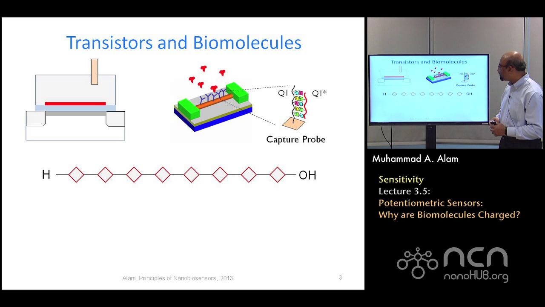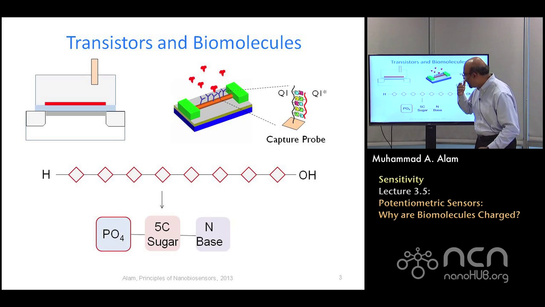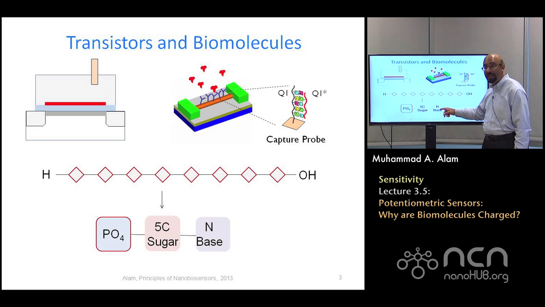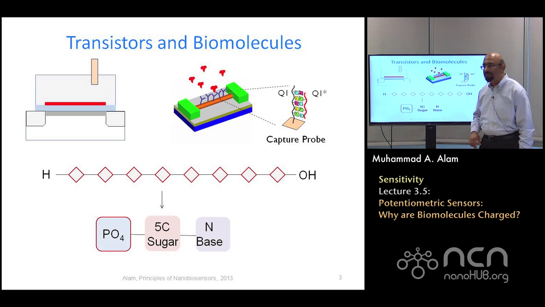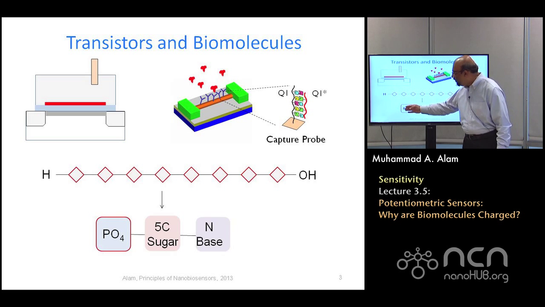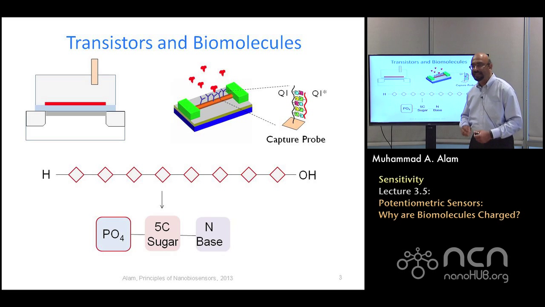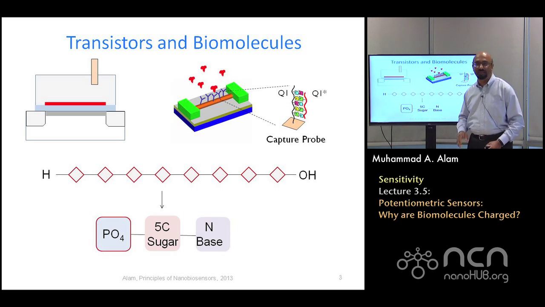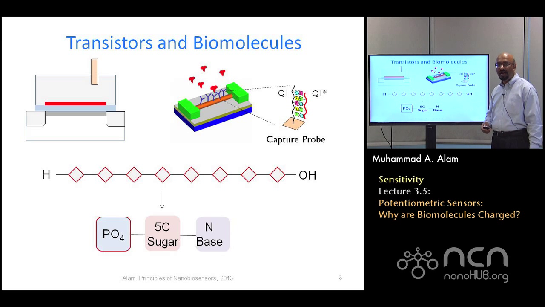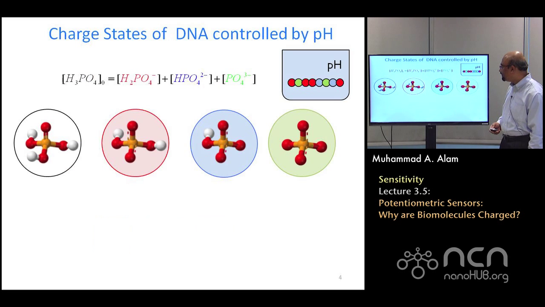What we found was that there was a central sugar ring, and there was this base, which could be any of the 4. But the charges, I said, were really coming from this PO4. And this PO4 came because it is the residue of phosphoric acid. It lost its hydrogen and became negatively charged in the process. Let me explain how that happens.